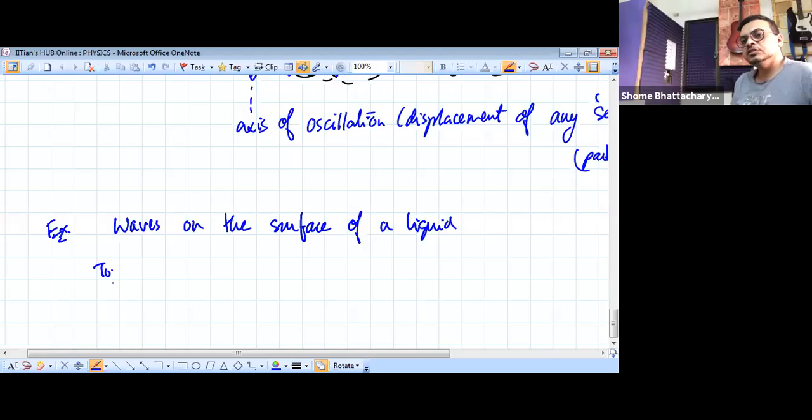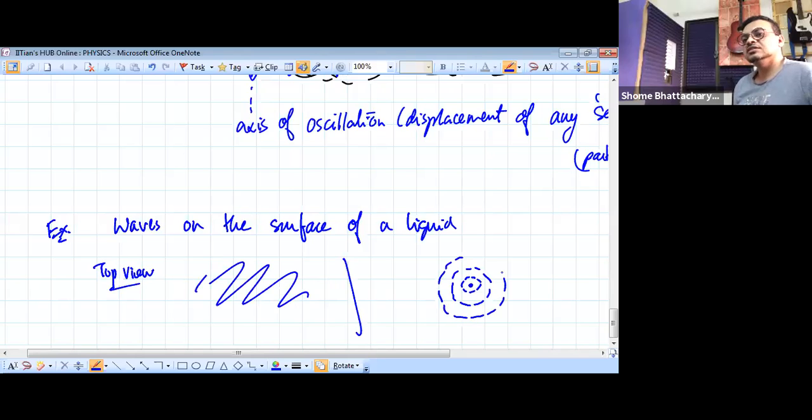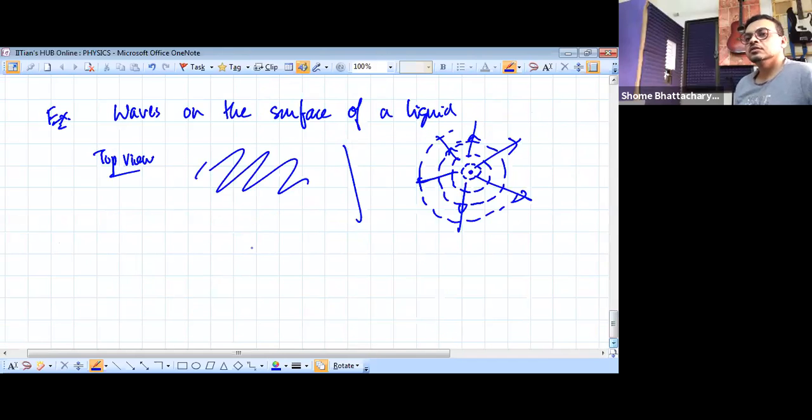So if you see the top view, this is a calm surface. Now what we do is you create some disturbance. So you see that disturbance, it travels like circular wavefronts, like you drop a stone or something. You see these are traveling outwards. So you see circular wavefronts traveling tangential to the surface of the liquid.